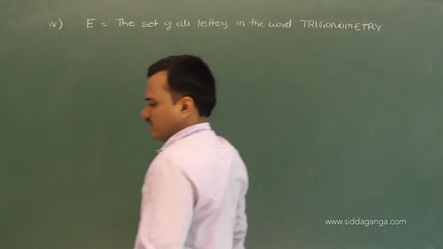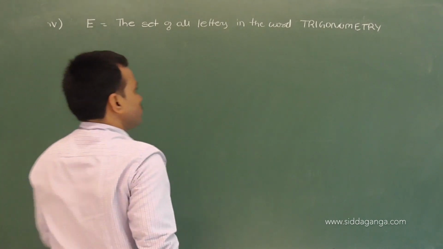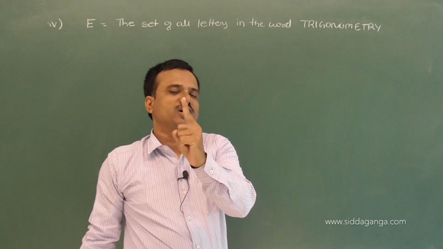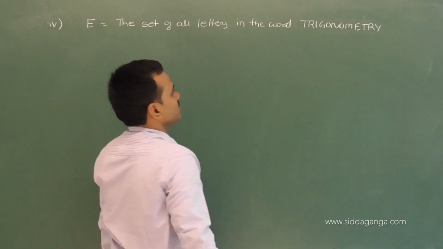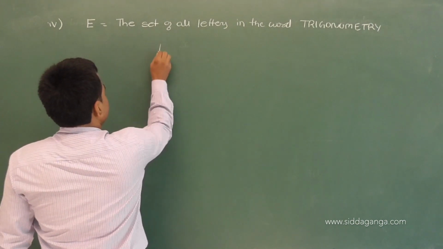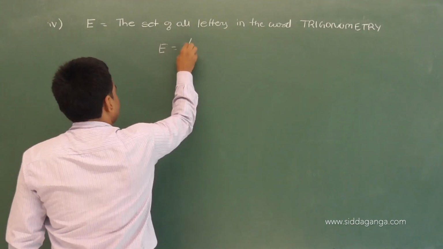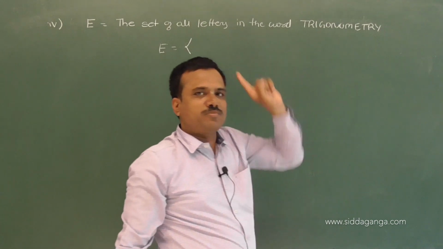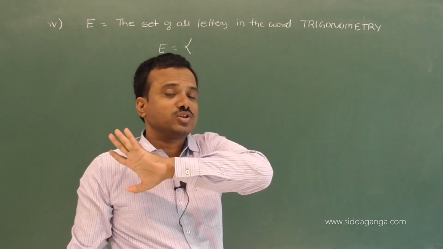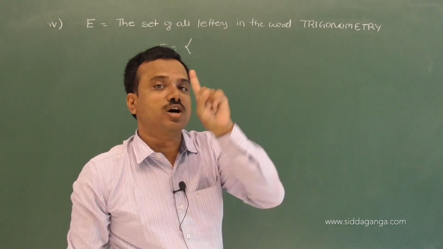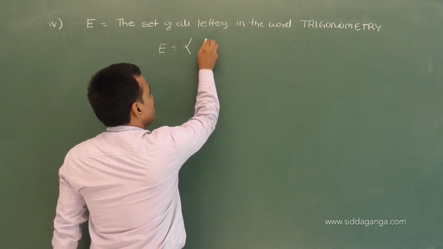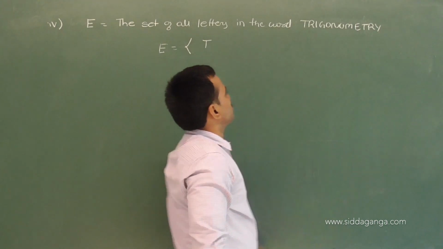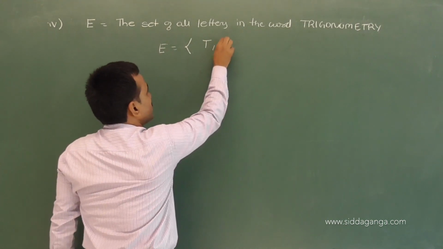In the word trigonometry. We discussed in the previous class, we take two words, one is English, another one is communication. So E is equal to, very important, T is repeated 2 times. I explained in the previous class, repetition of the digit is not allowed. So we write only one time. R is repeated 2 times, but we write only one time.